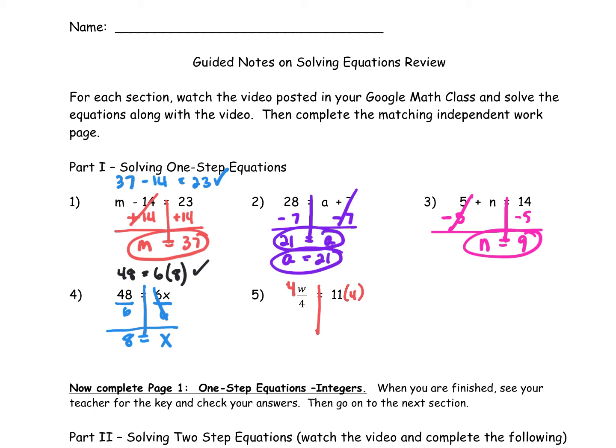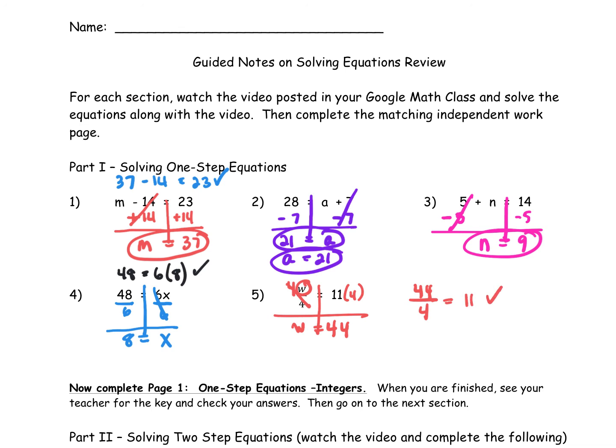So these two 4's eliminate each other, leaving W. So multiplying by 4 and then dividing by 4 would be the same thing as 1. 1 times W is W, and 11 times 4 is 44. A check would look like this: 44 divided by 4. So I replace W with 44, and that does give us back 11.